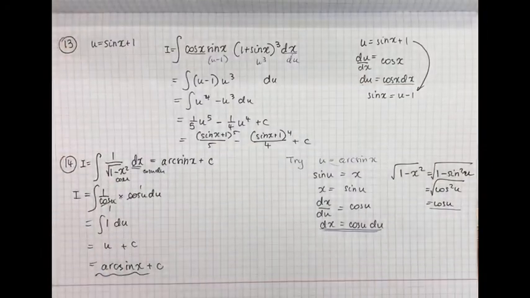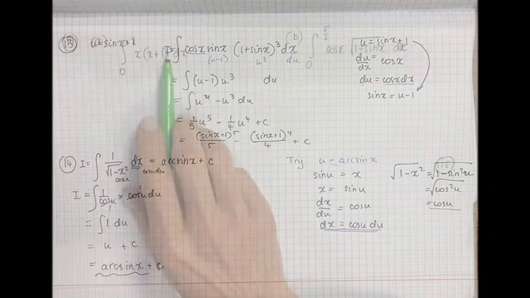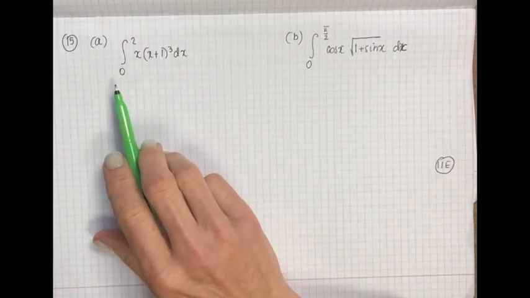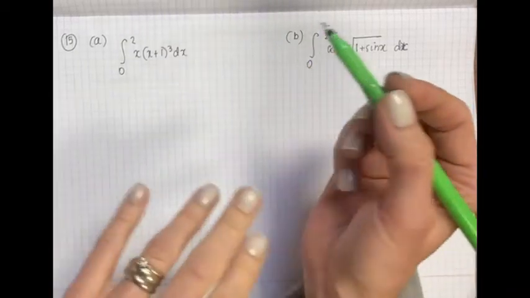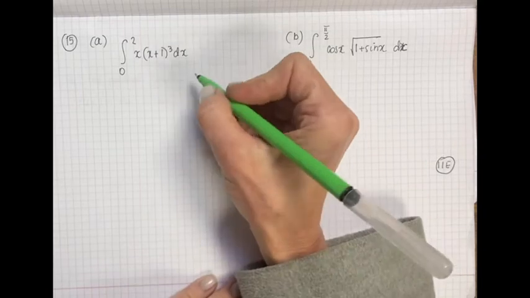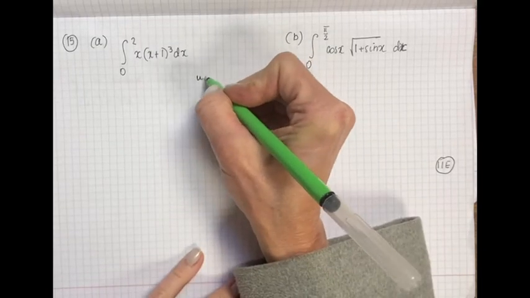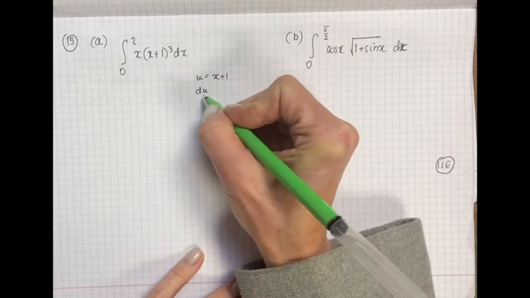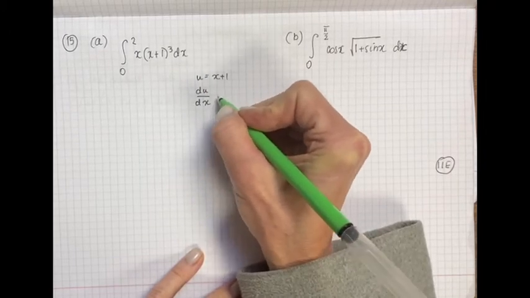Okay, we'll come back to example 15 in an hour. Of course, you could multiply all out and then integrate each term, but it would definitely not be efficient if the power was bigger than 3. So we're going to substitute x plus 1 with u. As soon as you've decided on your substitution, differentiate it.